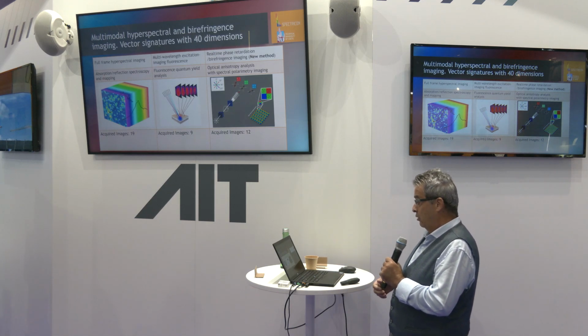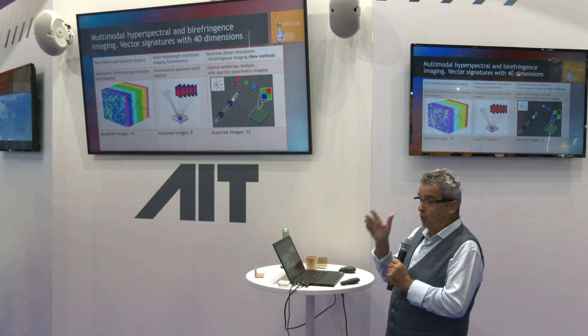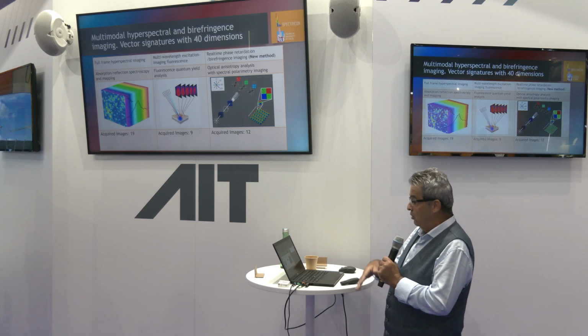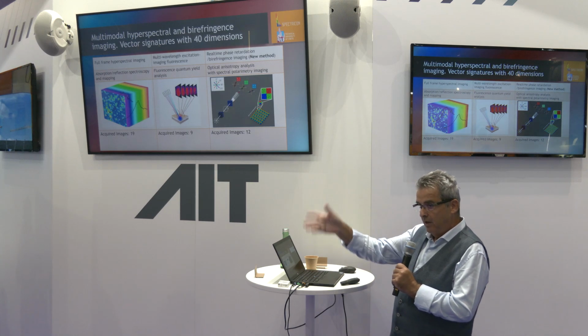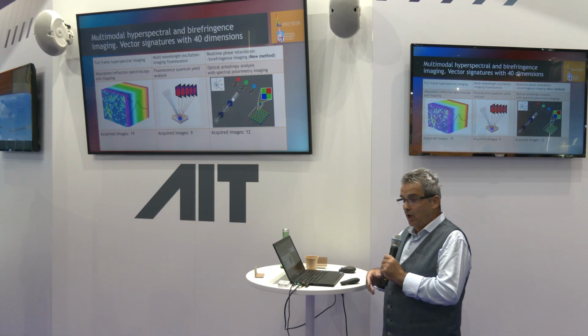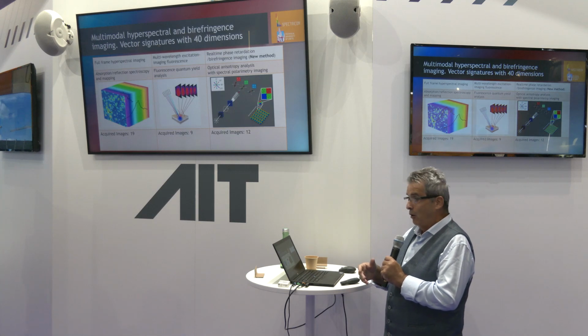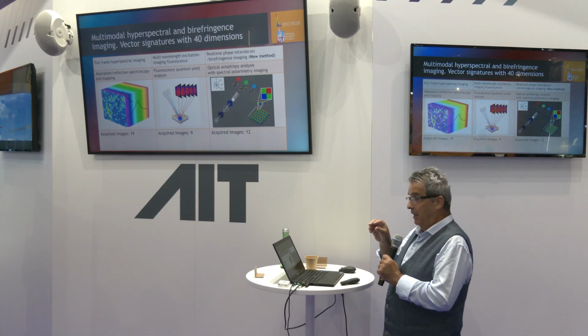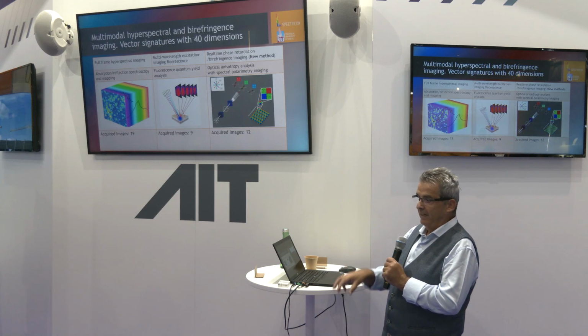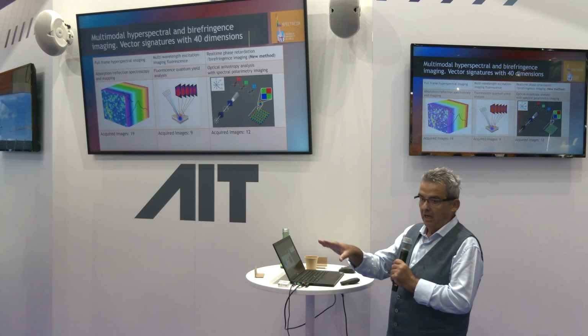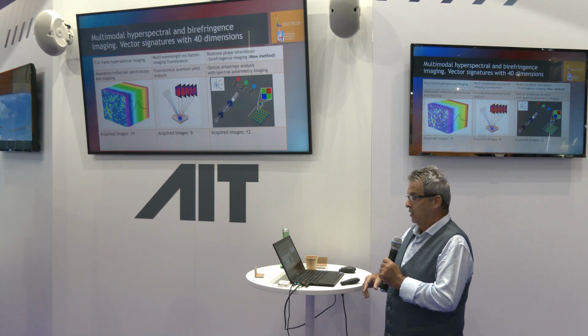We do multi-wavelength fluorescence excitation using multiple lasers for fluorescence excitation and multiple wavelengths for the imaging. And we also use polarizing microscopy, but the particular contribution is that we have developed a method to measure the birefringence in any pixel of the specimen.